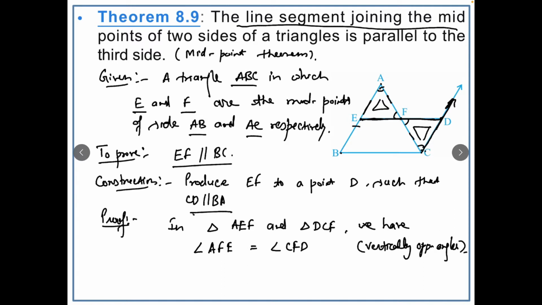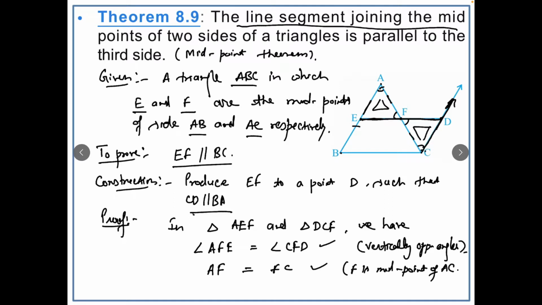Then we have side AF equals FC, because F is the midpoint of AC. So we got an angle here, and here we got a side.